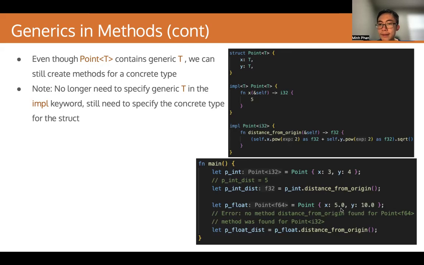And we give them the values 5.0 and 10.0. And then we try to calculate the distance from origin. Here, Rust will say that we have no method distance_from_origin for Points with members of type f64. And it will suggest that a method was found for Points with members of type i32. So this bottom line of code here won't compile. It will be an error because we only defined this function for Points containing i32.